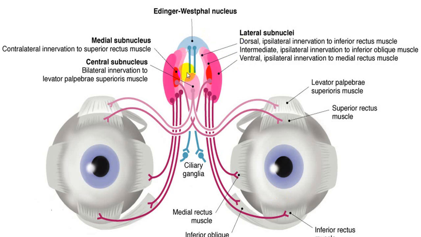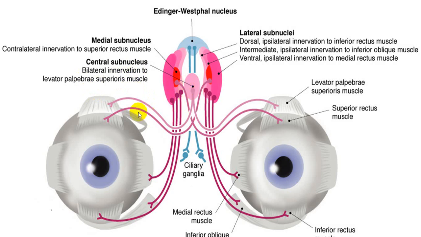Now you can see in this diagram that the Edinger-Westphal nucleus, via the ciliary ganglion, will be supplying the circular fibers of the iris as well as the ciliary muscle. While this central subnucleus will be innervating both sides' levator palpebrae superioris.